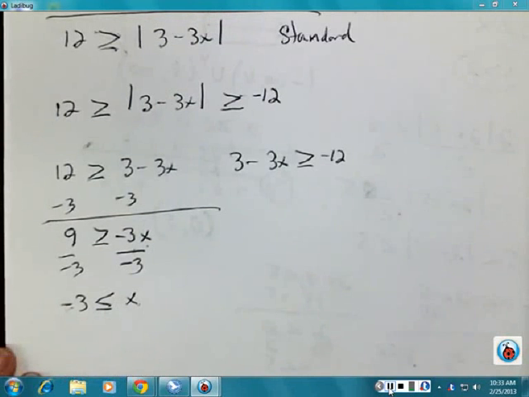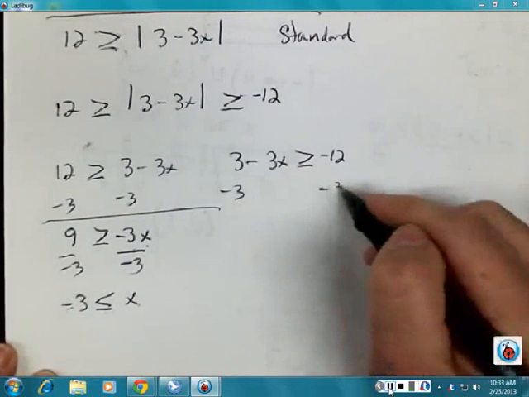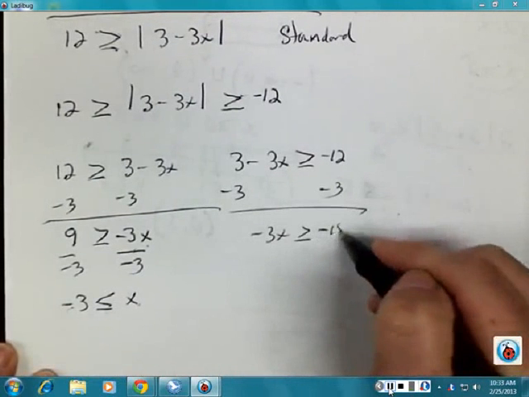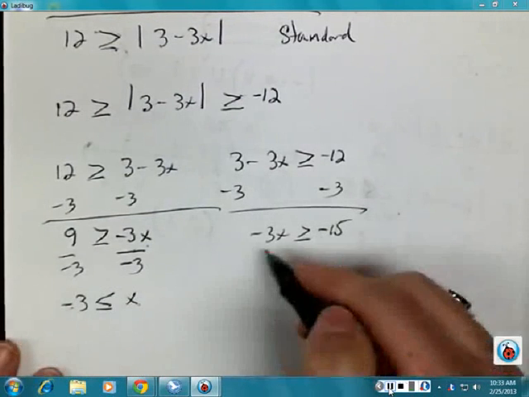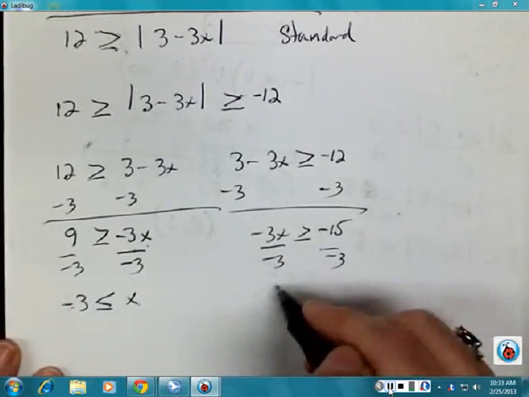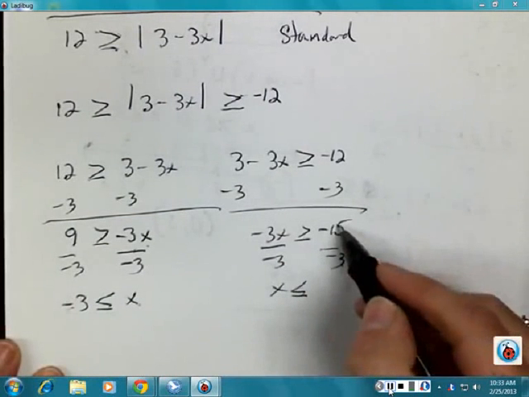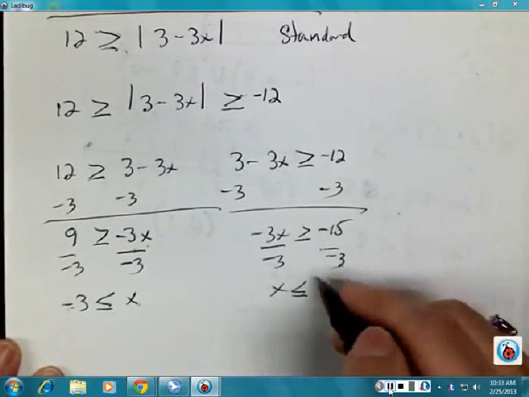And that's the answer to this one. Then I gotta solve this guy. So I'm gonna minus 3. Divide by negative 3. So just like the last one, the sign's gonna flip. And negative 15 divided by negative 3 is a positive 5.